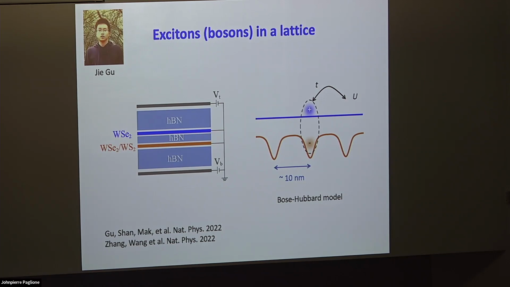Yeah, I have a question related to the twist angle theta versus the lattice parameter of the moiré pattern. Is there a continuous variation between the two, or do you have some discrete values for which you get this lattice? Yeah, so in the angle range that we study, the very small angle range, it's continuous. Okay. So the moiré period, when you increase theta, will continuously decrease. Actually, I don't have a plot here.